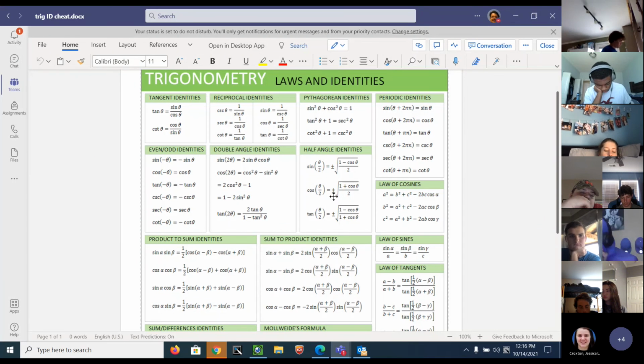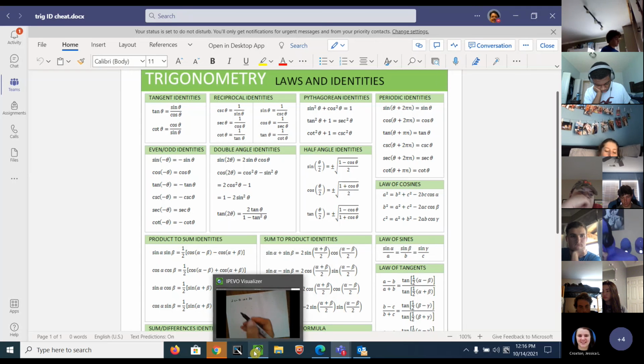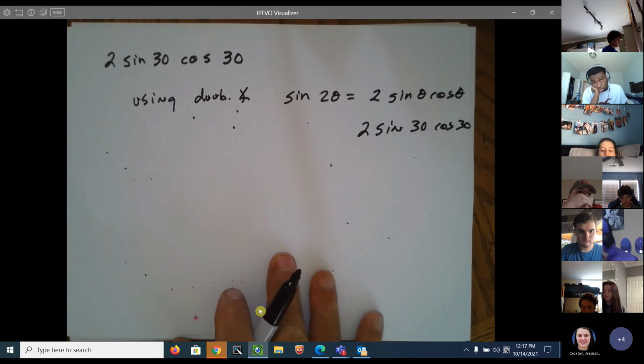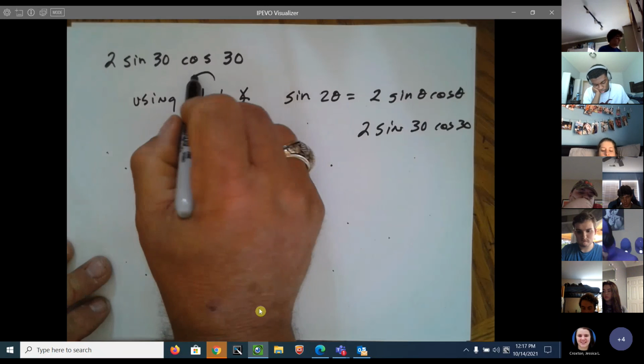So using the double angle, which is the sine of 2 theta, is equal to 2 sine theta cosine theta. And since that's 2 sine 30 cosine 30, all this is kind of like getting from your cheat sheet.